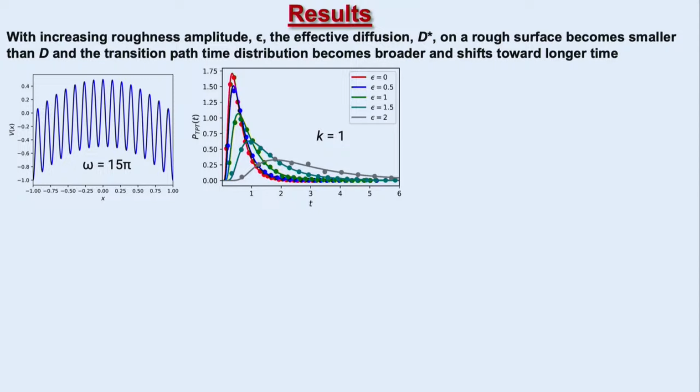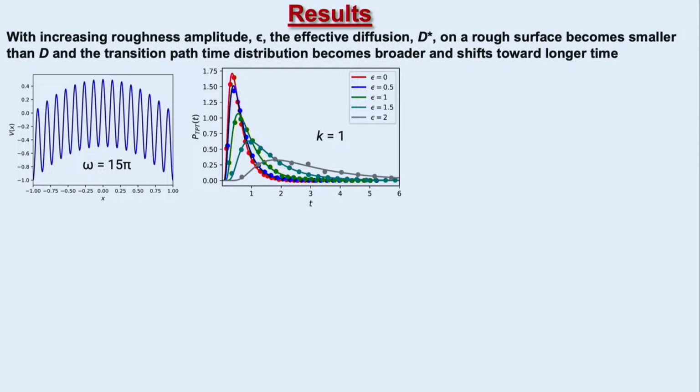This is exactly what we see when we go on increasing epsilon. Also, one important thing in our model is the value of the barrier frequency. So, this model works for high values of omega.